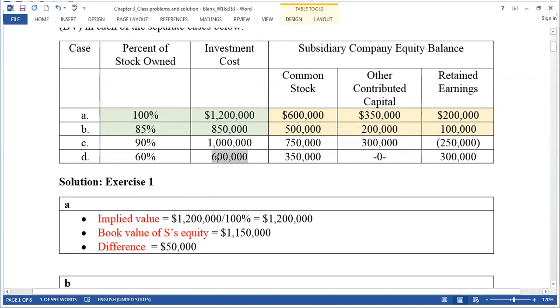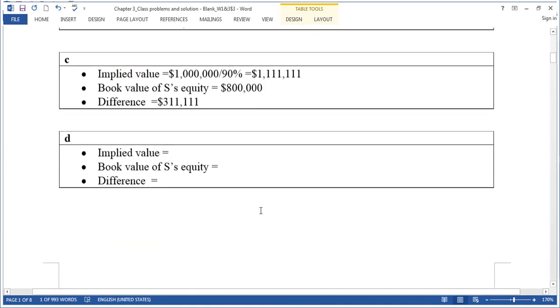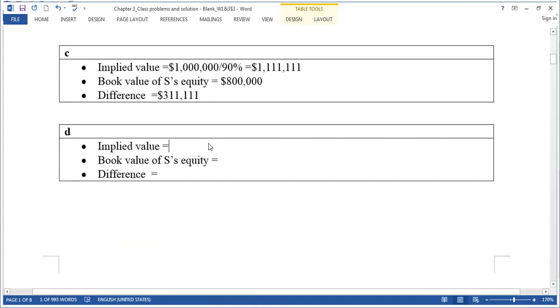And this is our investment, 60%. Then the book value is $650,000. And the difference is 350.